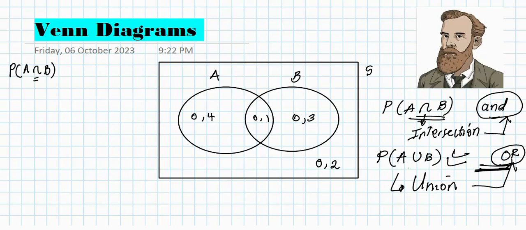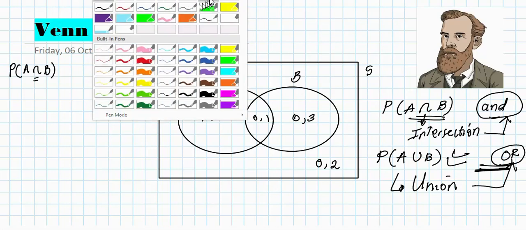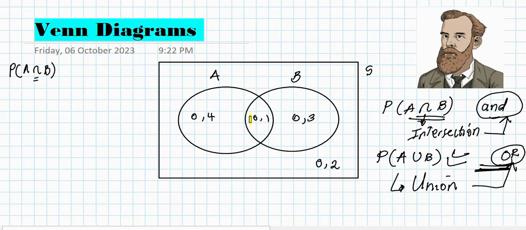Now, in this Venn diagram, I want you to always be mindful that there are some things that are intersections. In this case, this 0.1 is the intersection of events A and B. So when we are looking for the probability of the intersection, we are looking at the part right there where the two circles meet.